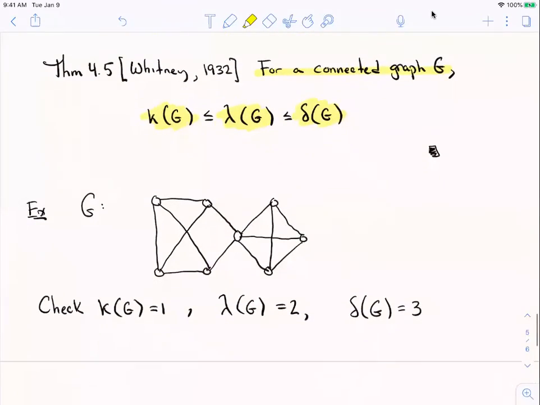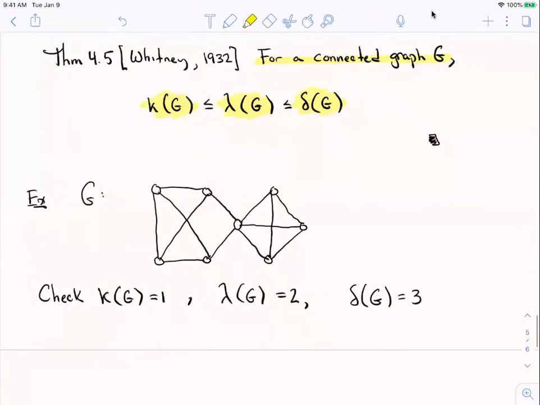I've got a quick example down here just so you can think about what these things mean. It gives you another chance to practice. I'm going to let you do the verification, but I've drawn a nice graph G there. It looks like a house with a kite on it or something like that turned on its side. And please check, pause the video, take just a few more minutes, that the vertex connectivity of that graph is 1. That graph has a cut vertex.